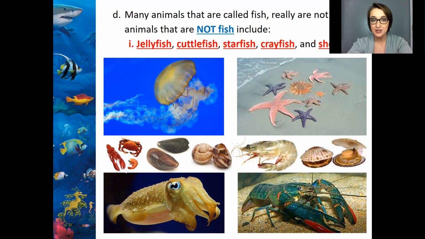Same thing with cuttlefish, that is going to be a type of mollusk. You're going to have your starfish, which in reality is going to be a type of echinoderm, and then crayfish, again, is going to be a type of arthropod. So these aren't actually fish. So be careful, just because fish is in the name doesn't mean it is actually that same category of animal.